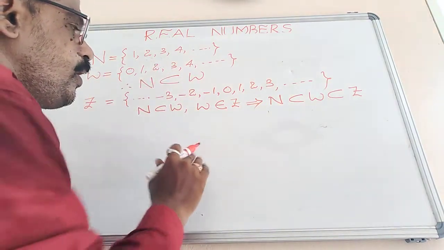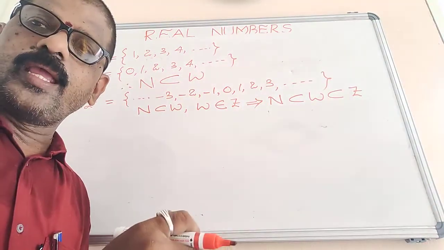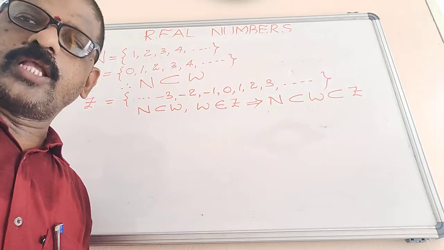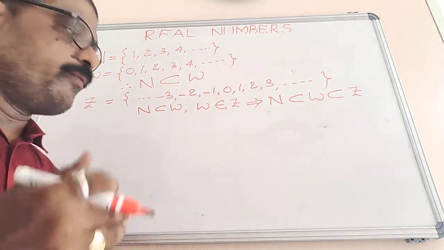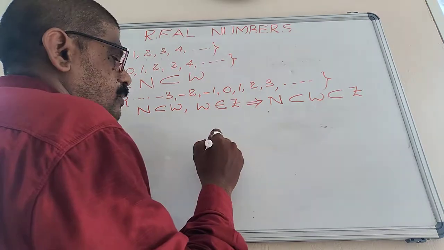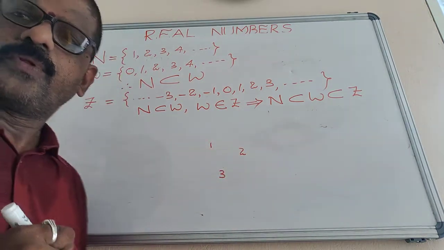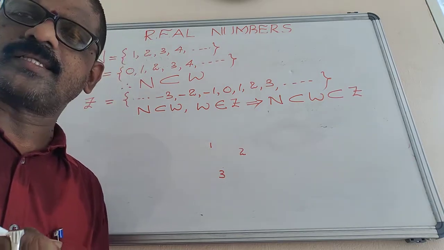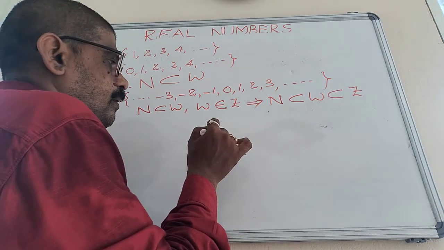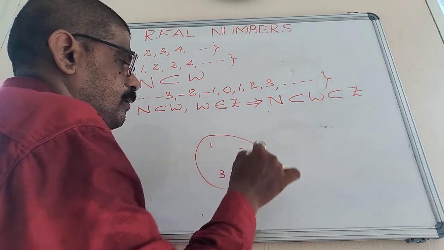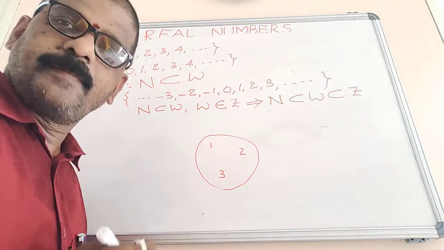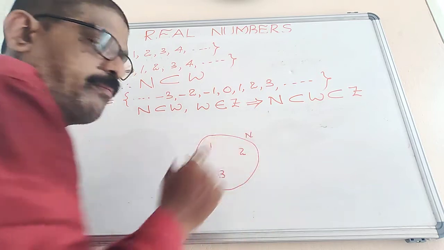The next, we can represent natural numbers, whole numbers, integers on a picture. First we can write 1, 2, 3. These are natural numbers.